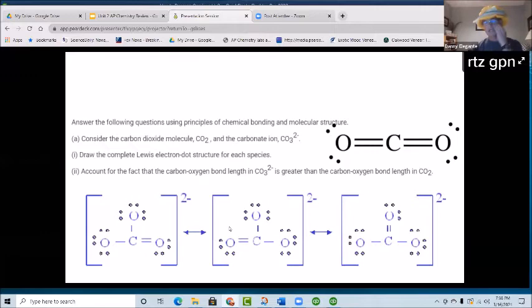So when people say it has a bond order of 1.33, that's like saying each bond is kind of like 1 1/3 bonds because of resonance, the idea that that double bond doesn't live in just one place. So whoever said that the double bond is shorter and the carbonate was in between a single and a double bond, you are exactly right. And all of you who said bond order, that's a great answer too. That's really good thinking.